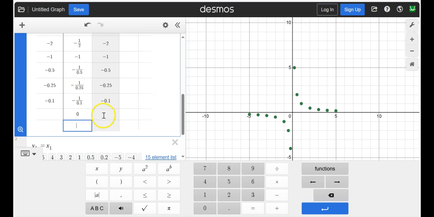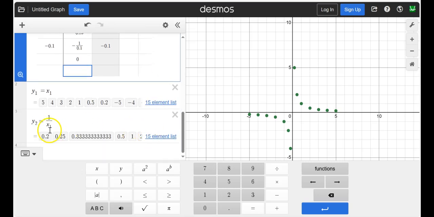It will not plot that because it doesn't know what to do. It's undefined, right? So neither x nor y could be 0. x cannot be 0 because 1 over 0 doesn't exist. We don't know what that is. And because x cannot be 0, therefore y cannot be 0.